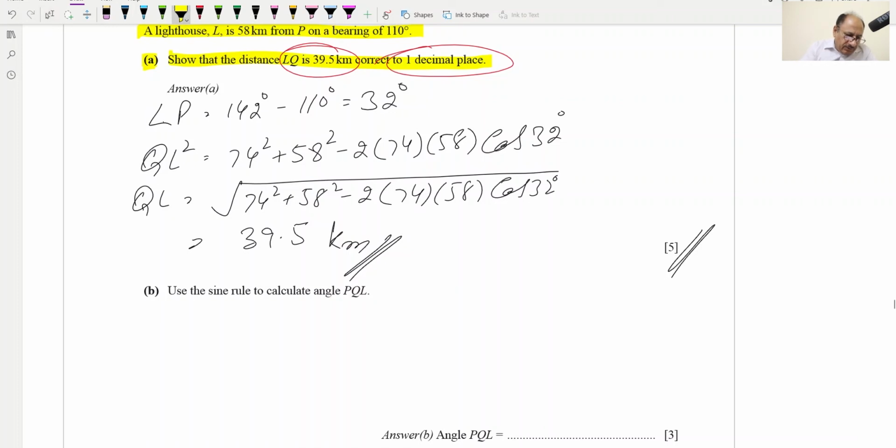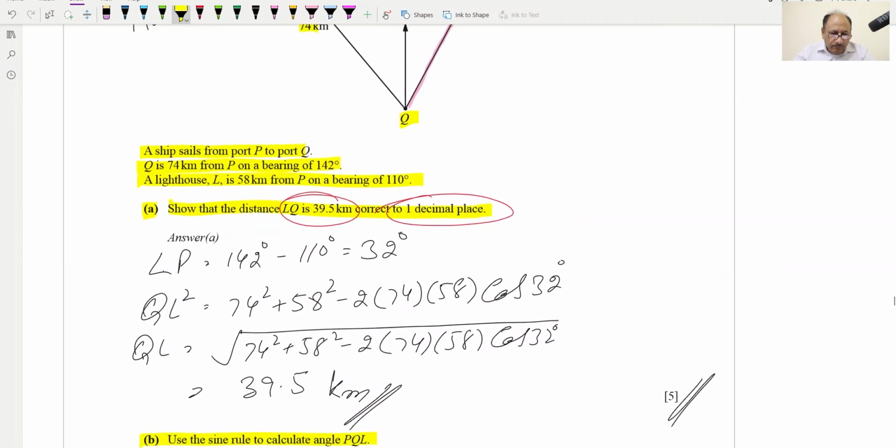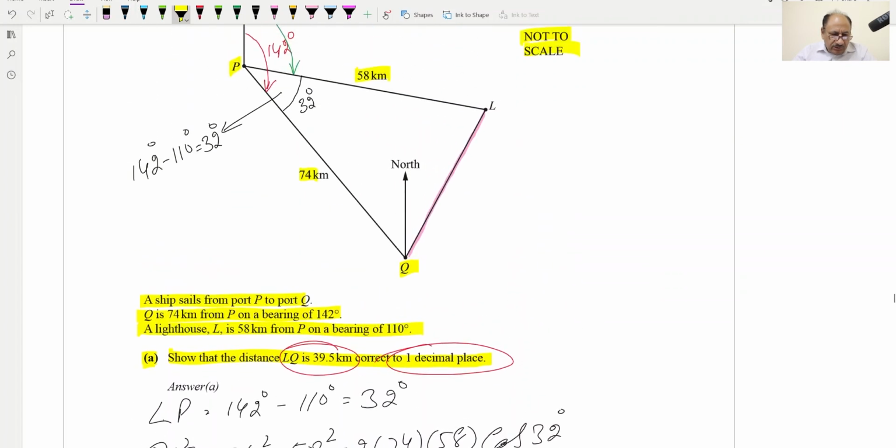So B part says use the sine rule to calculate the angle PQL. Now what is PQL? Okay, so this angle is basically PQL, and the sine rule we have to use.